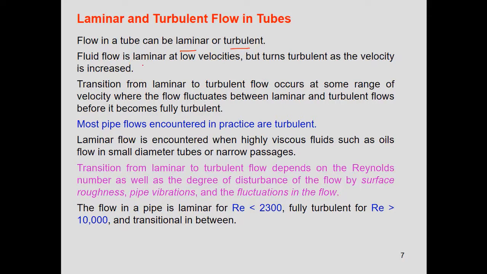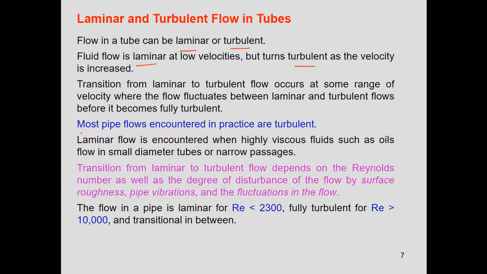At lower speed, it will be laminar. With an increase in the velocity, it will change to turbulent. This transition from laminar to turbulent occurs in some range, and it fluctuates between laminar and turbulent. This fluctuation part is called the transient part, when the fluid starts to change from laminar to turbulent flow.